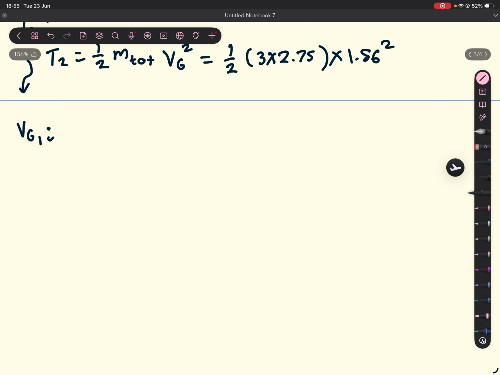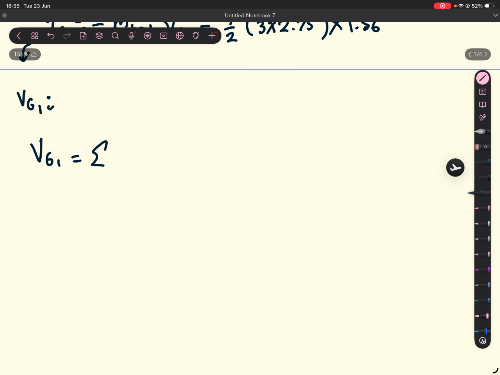So we're going to have Vg1 is equal to either the sum of mi g hi, or Vg1 will be equal to m total times g times h of the center of mass of G, right?